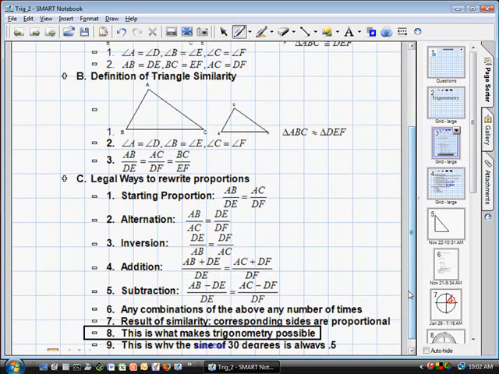In fact, we learned 4 techniques for doing that. One was just reading the thing upside down, called inversion. You could read the old proportions sideways. That was called alternation. And you could do numerator plus denominator over denominator equals numerator plus denominator over denominator, and that was called the addition method.